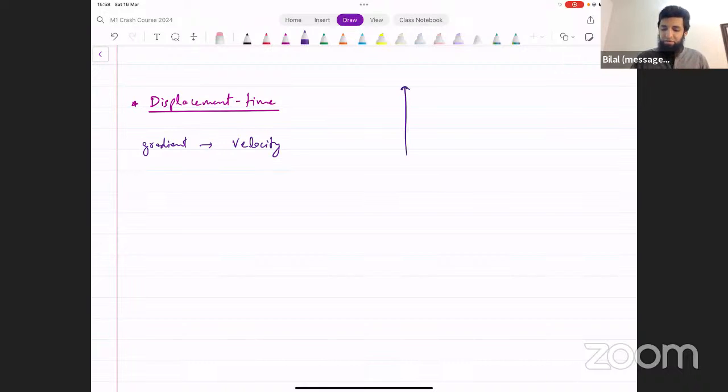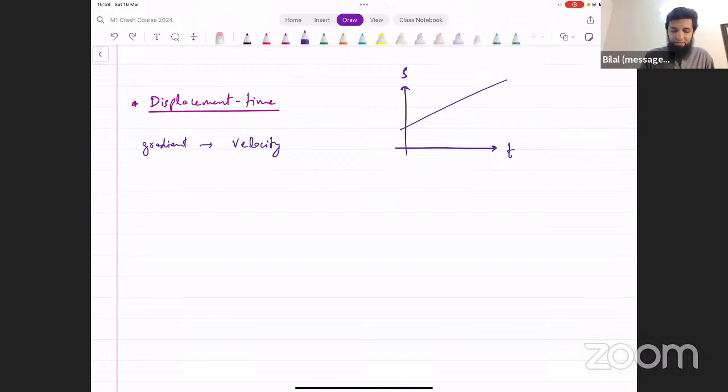If you have displacement on the vertical axis and time on the horizontal axis, and you have a function that looks like this, the gradient is going to tell you every second how much the displacement is changing. And that's exactly the definition of velocity, right? Rate of change of displacement, that's velocity. So gradient of a displacement time graph gives you velocity.